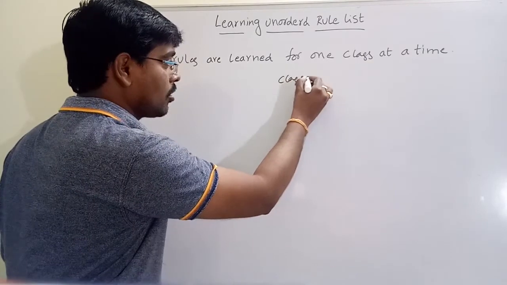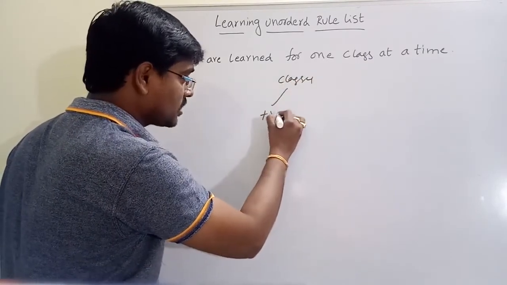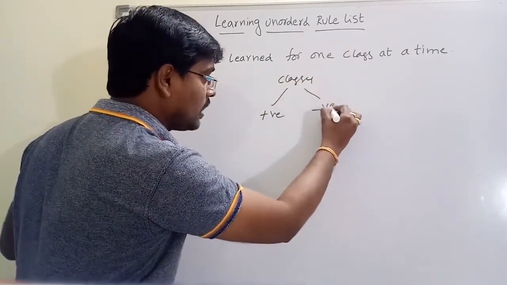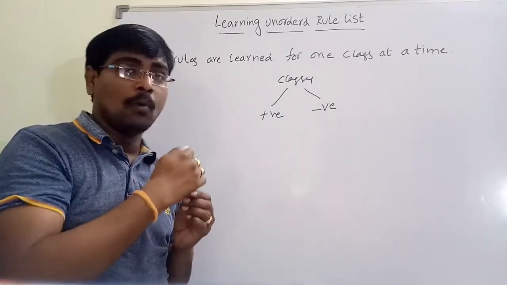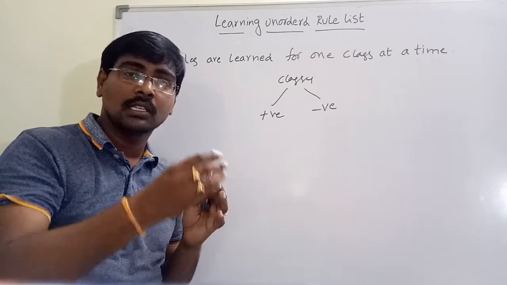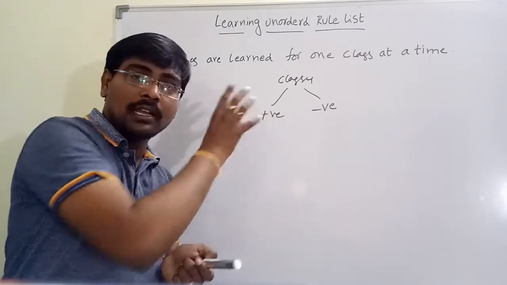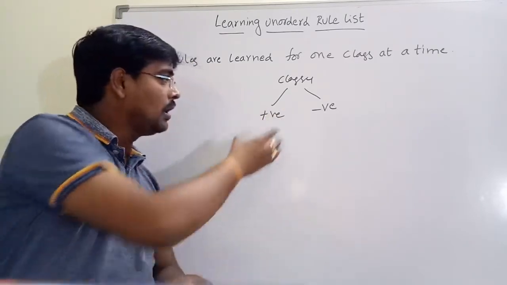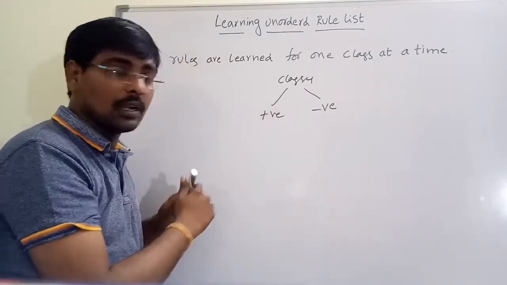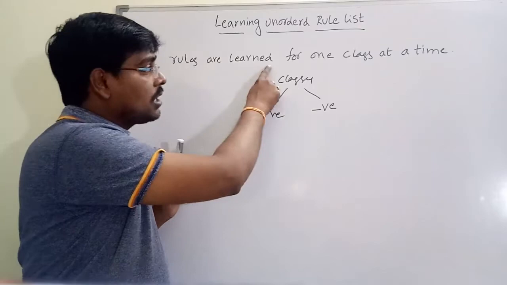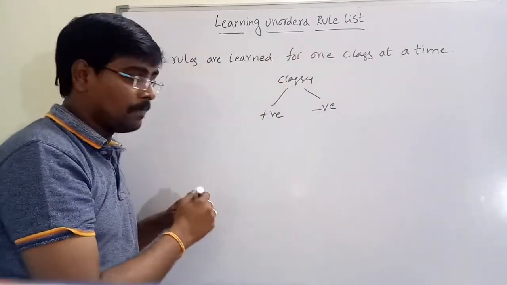Assume we have two types of classes. One is a positive class and another one is a negative class. In rule models, our concentration is only on the true class. For example, I am defining a rule for this positive class. Observe the point: rules are learned for one class at a time.